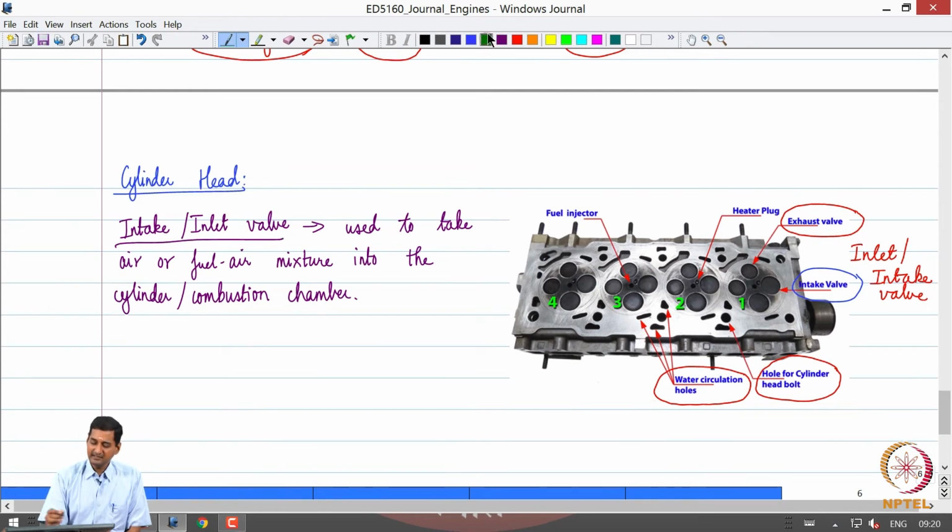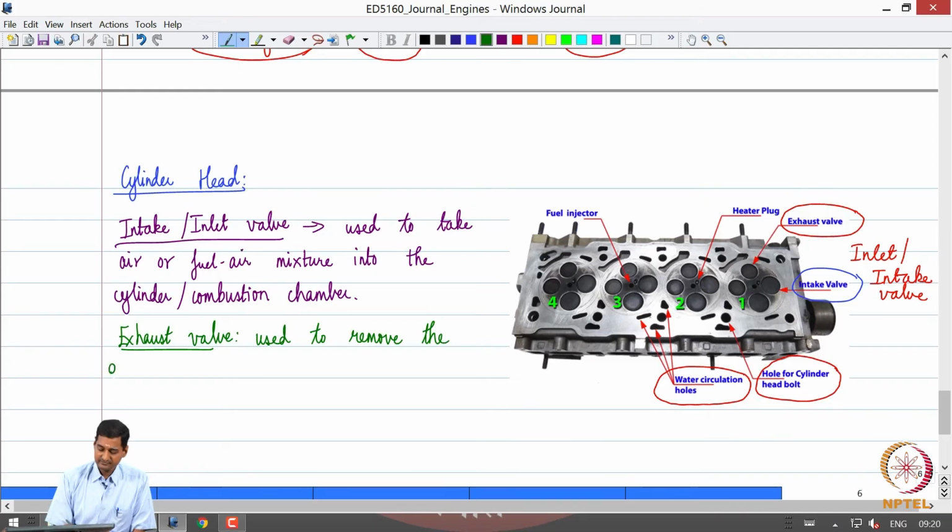Okay. Similarly, as the name indicates, the exhaust valve is used to remove the exhaust gases. What are the exhaust gases? They are the products of combustion, right, because as we discussed, combustion is a process by which the hydrocarbons in the fuel are oxidized into H2O and CO2 if the combustion is ideal.